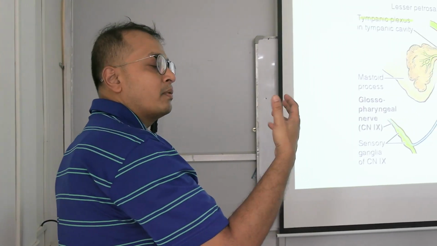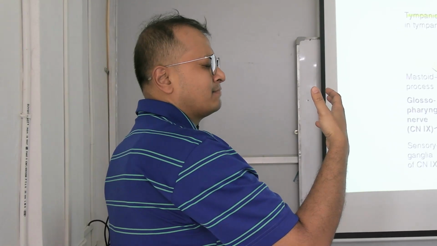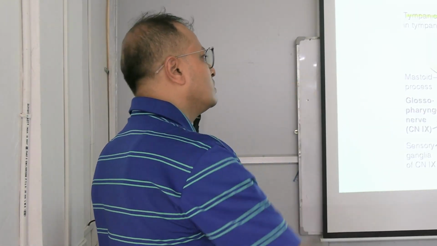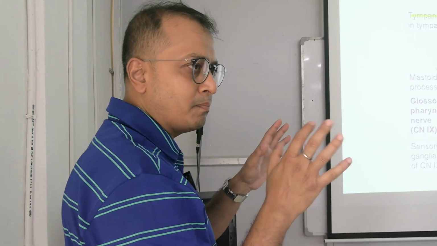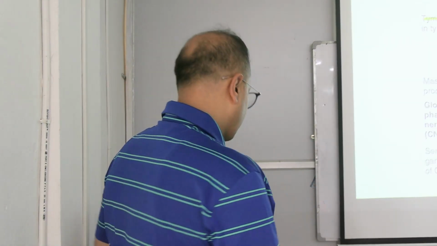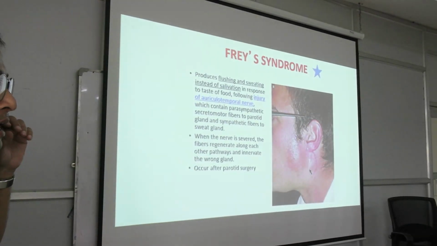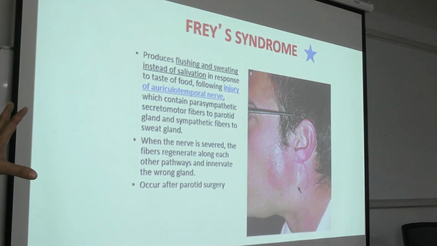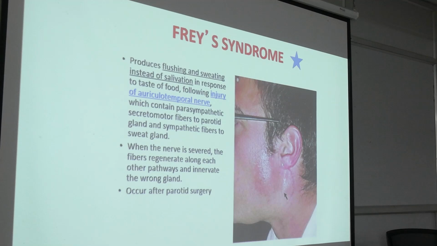The auriculotemporal nerve may grow into the sympathetic nerve. Now, the sympathetic nerve supplies the skin sweat glands. So, sometimes post surgery, we see that whenever the patient is taking food, instead of salivation they are sweating. This kind of thing we call Frey syndrome.